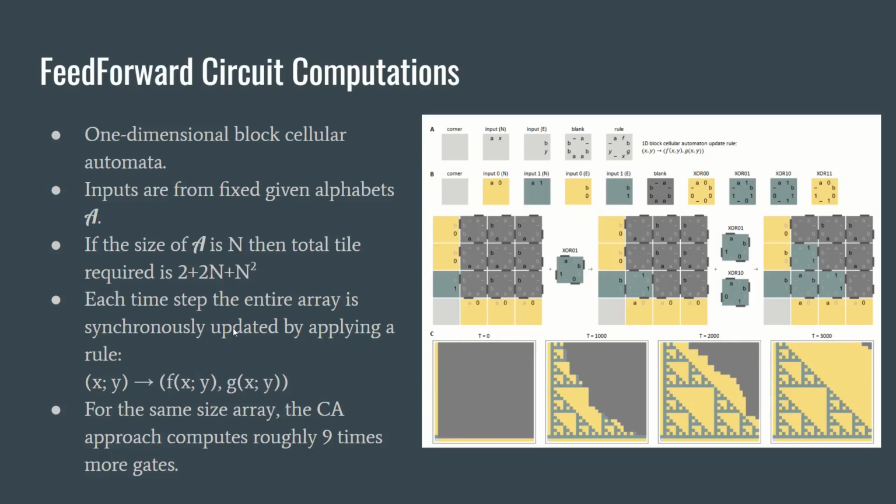For every time step, they use this rule to update the next tile. For the same array, the cellular automata approximately computes roughly 10 times more gates. The nth synchronous update of the 1D block cellular automata will be encoded in the nth diagonal of the tile array.